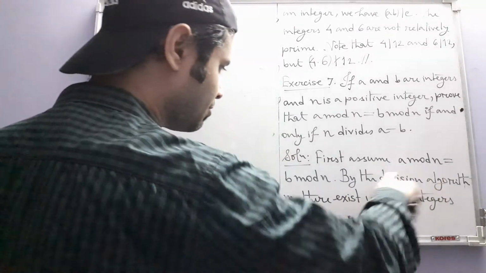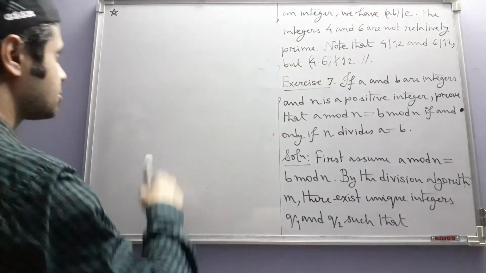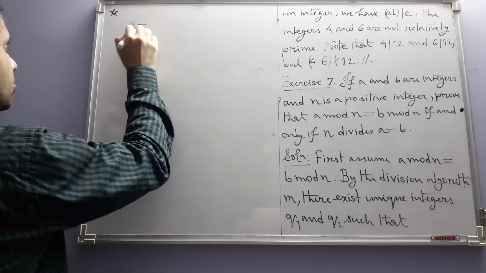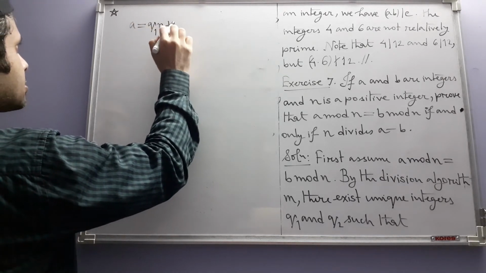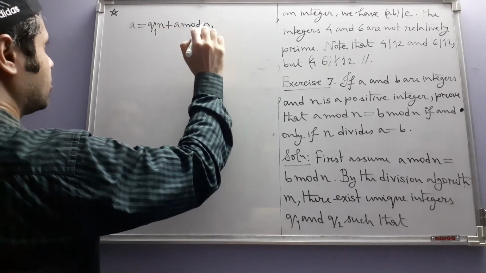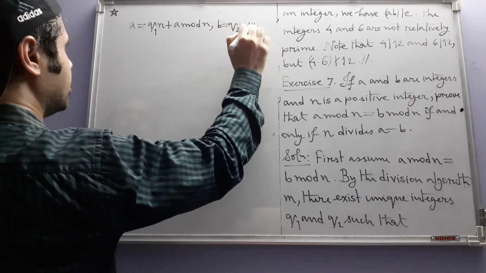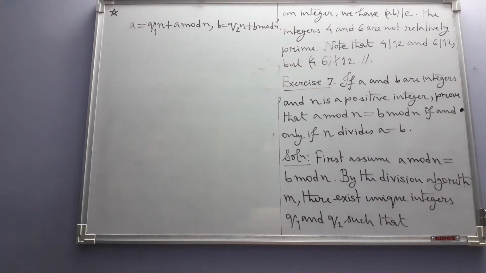The remainders, by their very definition, are such that A is equal to q1 n plus A mod n, and B is equal to q2 n plus B mod n. Okay.